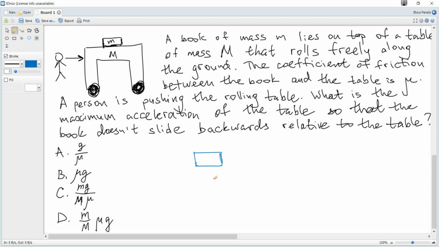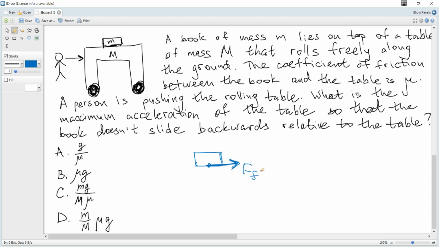Definitely it's static friction, but what is the direction of the frictional force? It tends to move to the left relative to the table, or just imagine that it's a frictionless surface. So if the table is moving to the right, this object will move to the left, and frictional force is always in the opposite direction to the direction of motion, so frictional force is to the right.